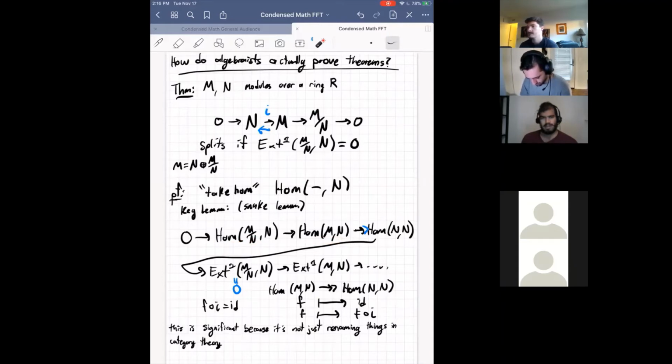What you do is a proof by induction on the dimension of some varieties or manifolds. In this term, you have something of dimension n, and on this term, you have something of dimension n plus 1. And you want to show that there are enough elements in here. So you finagle things around so that this thing vanishes, then this is surjective, and then your thing in dimension n plus 1 has enough elements in it.